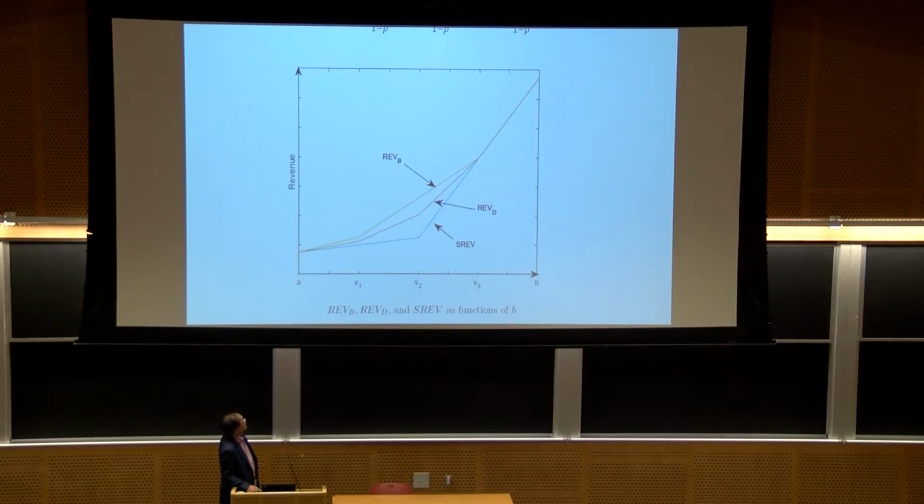And using the Bayesian strategy, you can get still higher revenue. And these revenues, starting from B equal to A, are immediately different. And they stay different until they reach the last breakpoint, V3.